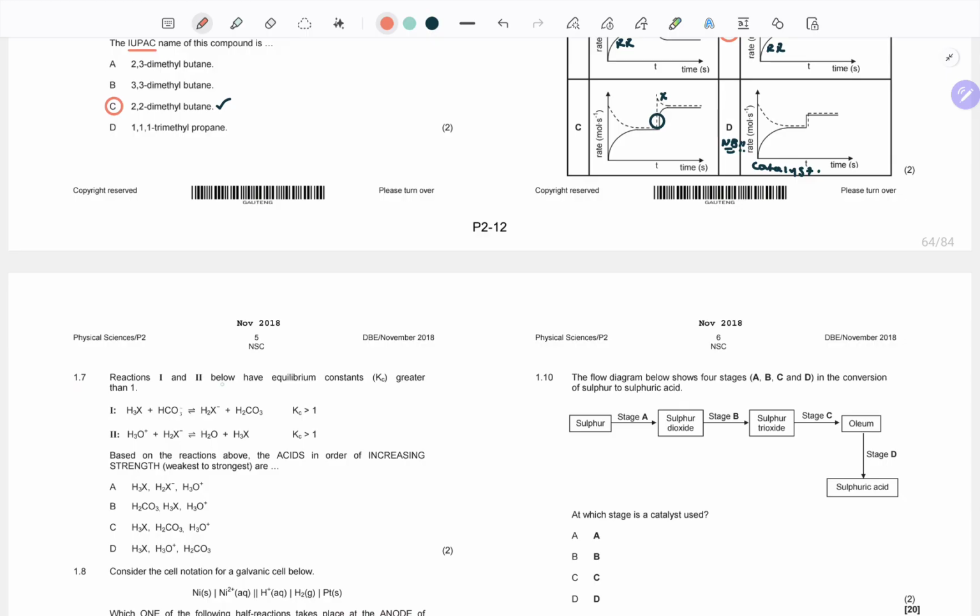1.7 says reactions 1 and 2 below have equilibrium constants Kc greater than 1. Okay, so what does it mean? There's more products than reactants. So it means these equilibria lie far to the right than to the left. Okay, so this would be more like ionizations of acids and bases.